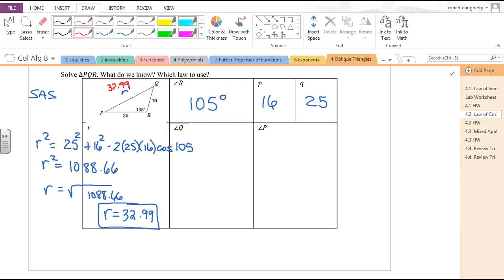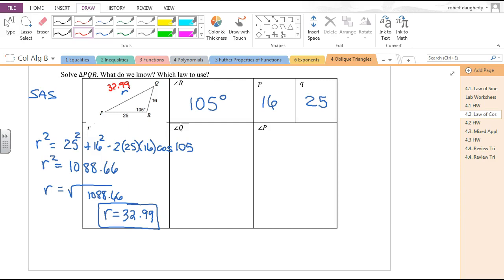Oh sorry, I'm going to be solving for P. Let me back up. To solve for angle P, go to the opposite side. So 16 squared is going to be this squared plus this squared minus 2 times this times this, and the cosine of that angle in between.